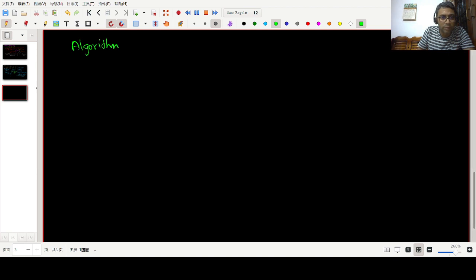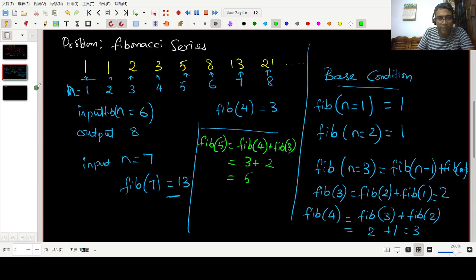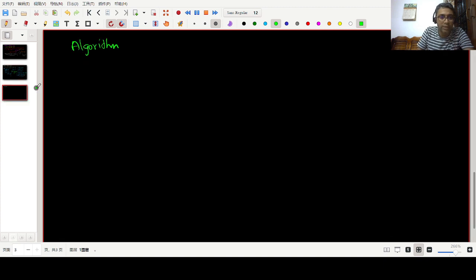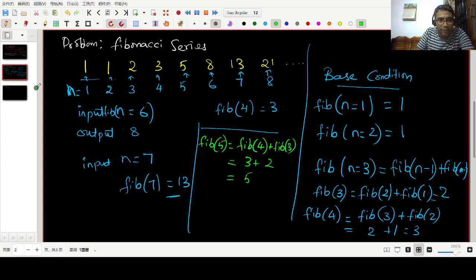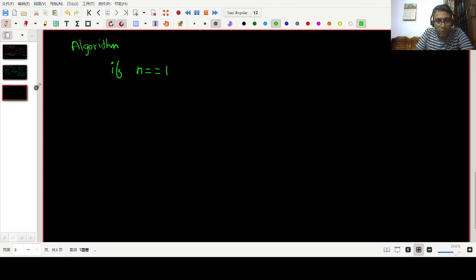Okay, algorithm. Very easy. We have to simplify it, right? The first thing is to find the base condition or the termination condition. So what is the base condition? If n equals 1, I should return 1.